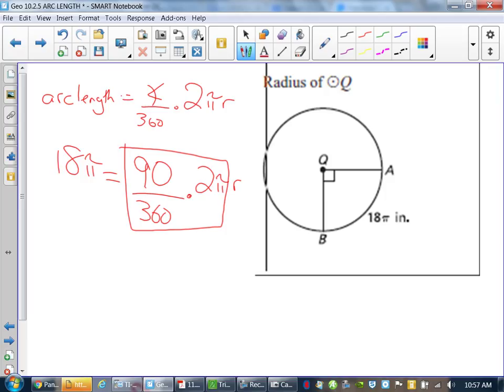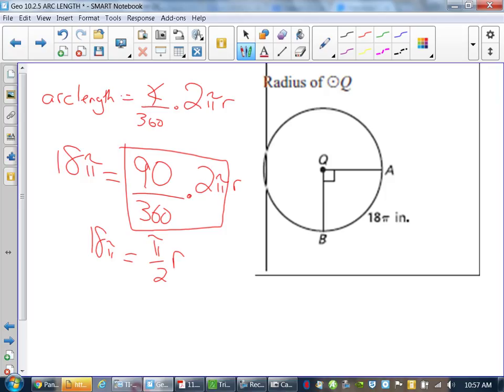What do you get? You get pi over 2. If you type in the calculator 90 over 360 times 2 pi, it'll spit out the answer pi over 2.